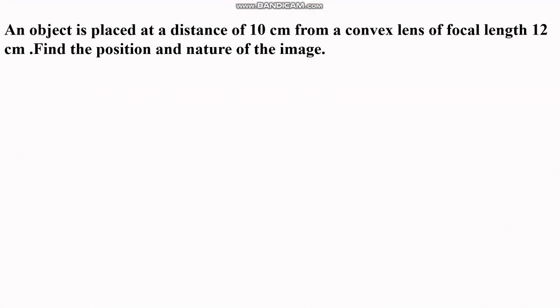The first numerical is: an object is placed at a distance of 10 centimeter from a convex lens of focal length 12 centimeter. Find the position and nature of the image. So over here, you are given the object distance, and it is a convex lens. So we apply the sign conventions and say u = −10 centimeter.